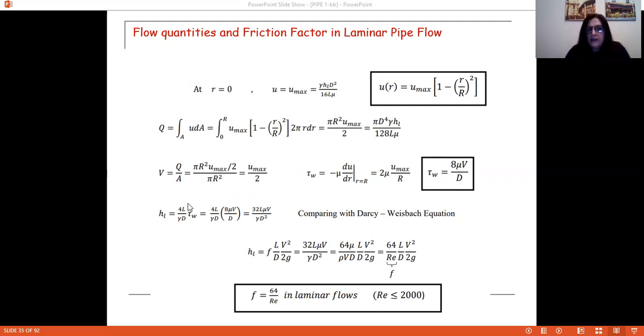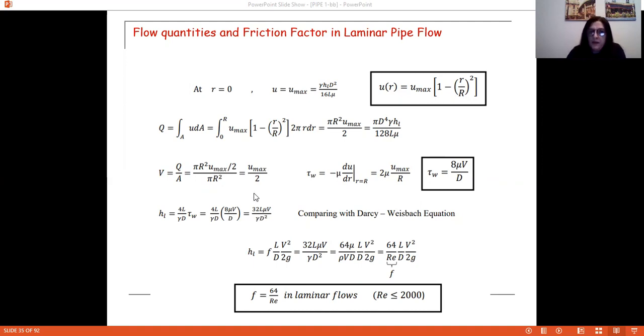Okay, head loss, we obtained head loss as 4 times L divided by gamma D times tau wall in the previous derivations. Now for this tau wall, I replace this relation, 8 mu velocity divided by D, and make the necessary cancellation. We obtain head loss to be equal to 32 L dynamic viscosity times average velocity divided by specific weight times D squared.